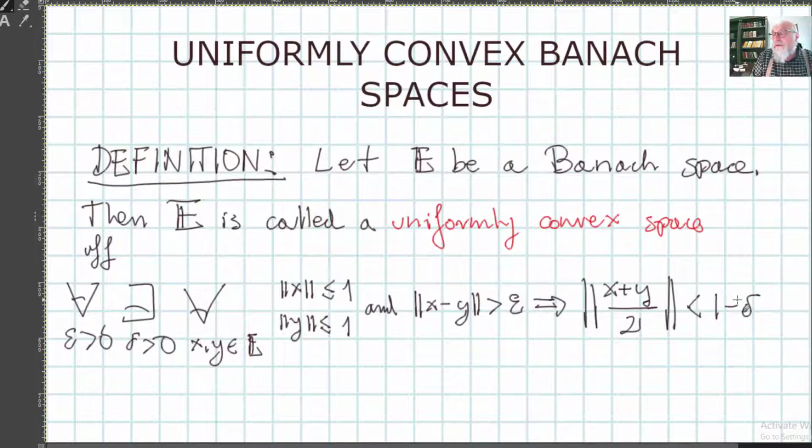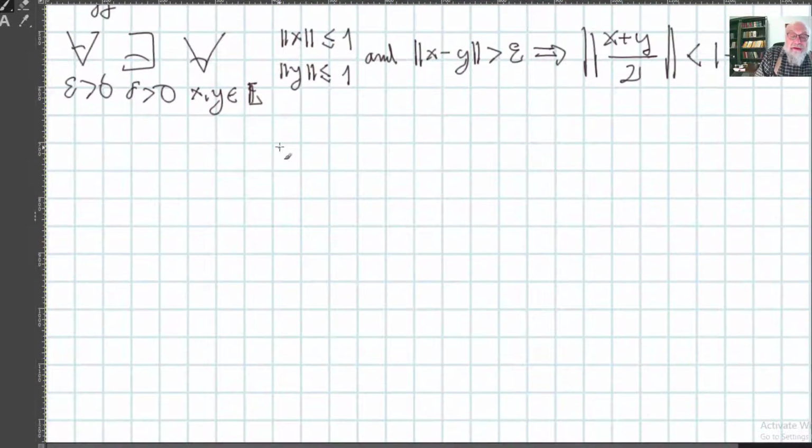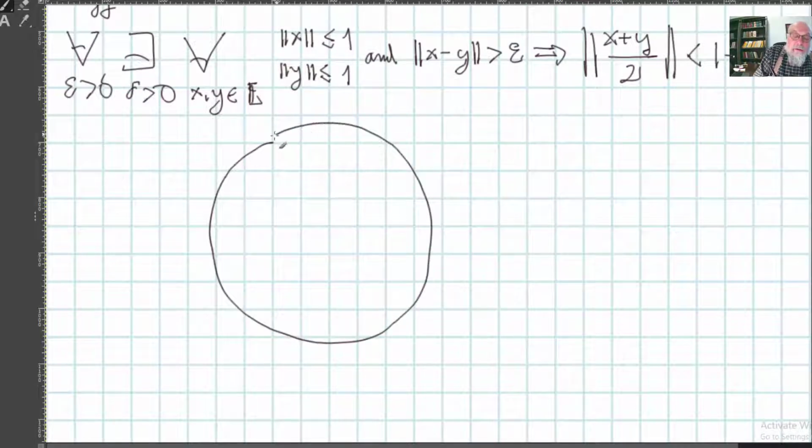The picture is in order to illustrate this situation. So let me make a little ball. This is our ball. Let's take two points, in the extremal case of course when these points are on the sphere.